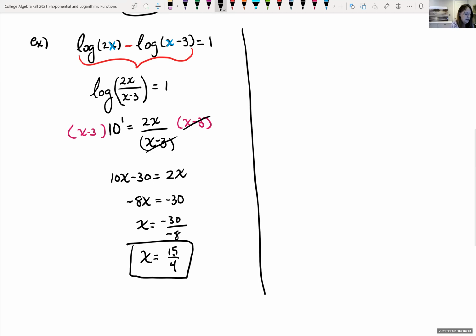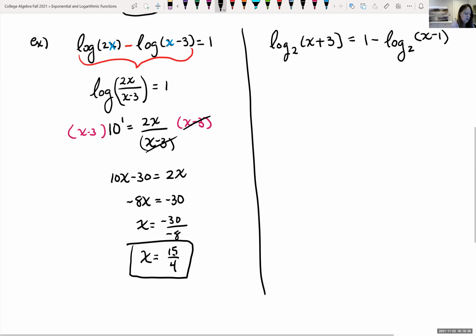Let's say you had log base 2 of x plus 3 is equal to 1 minus log base 2 of x minus 1. Okay, so to solve this, we want to get all the logs to one side of our equation.